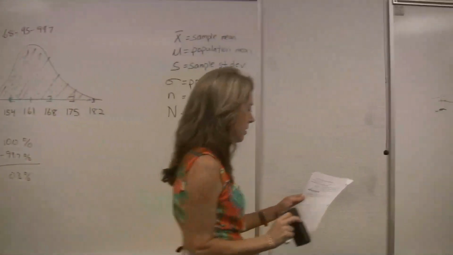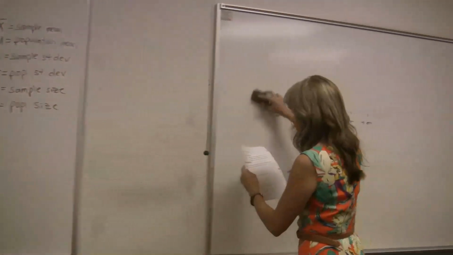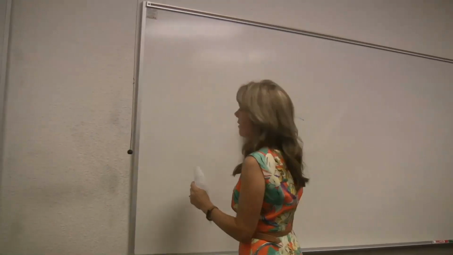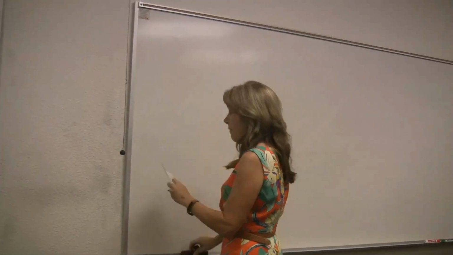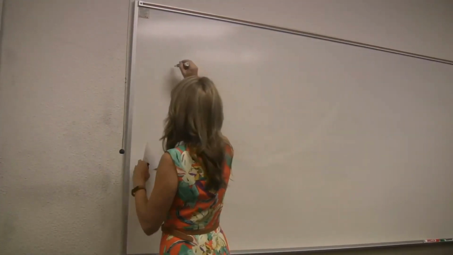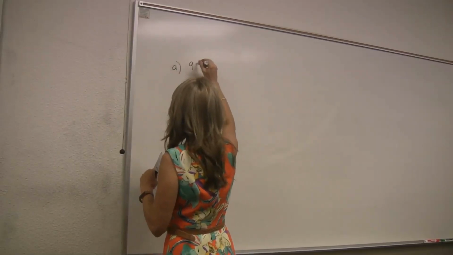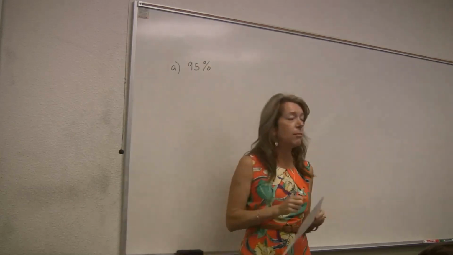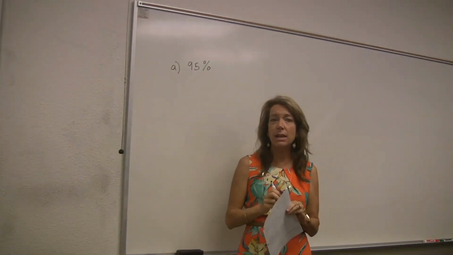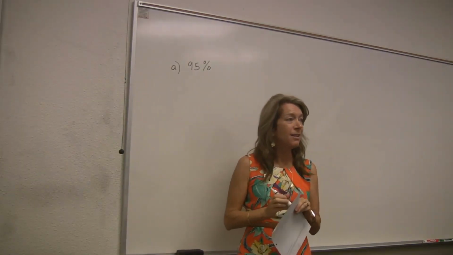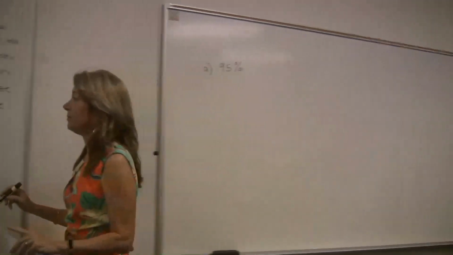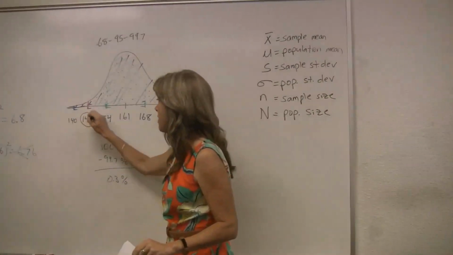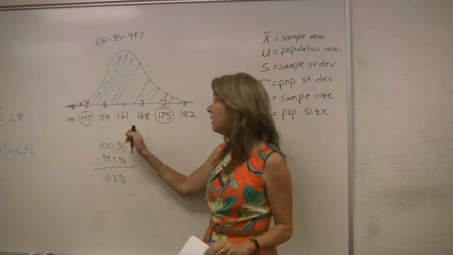What percent of women are between 147 and 175? I heard some people over here say 95%. Yeah, that's right. Where'd we get that? I didn't do any work. Because it's 2 values, 2 standard deviations from the mean. 147 to 175.